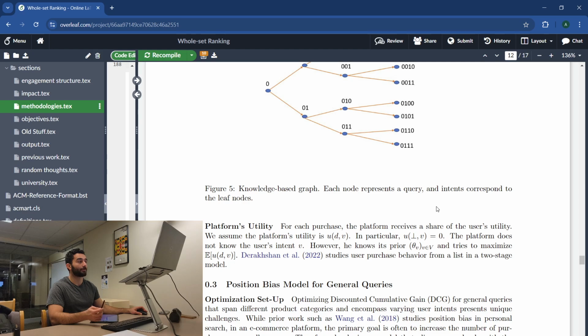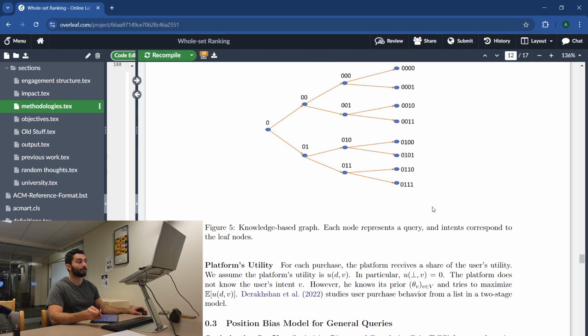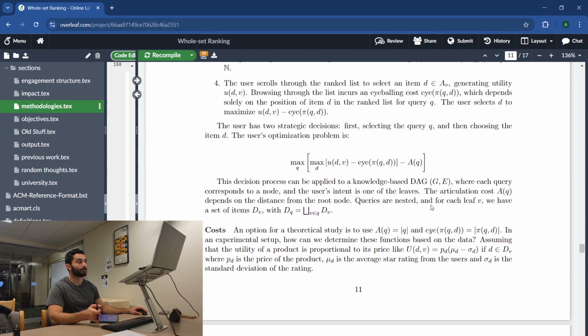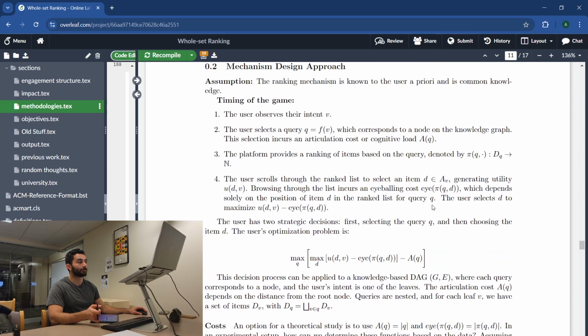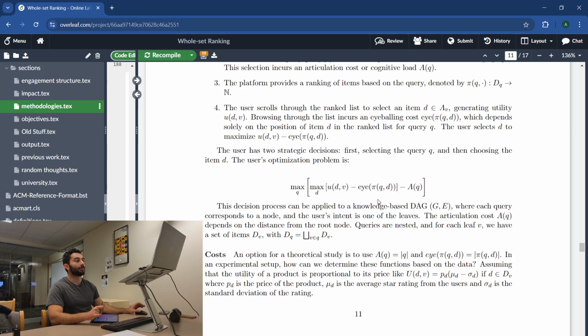We have a platform utility here, and first they search, then they choose an item, and they cannot go very low because of the eyeballing cost.